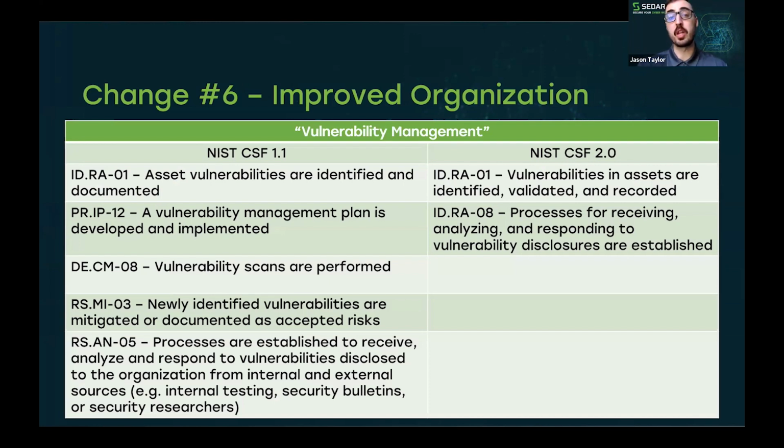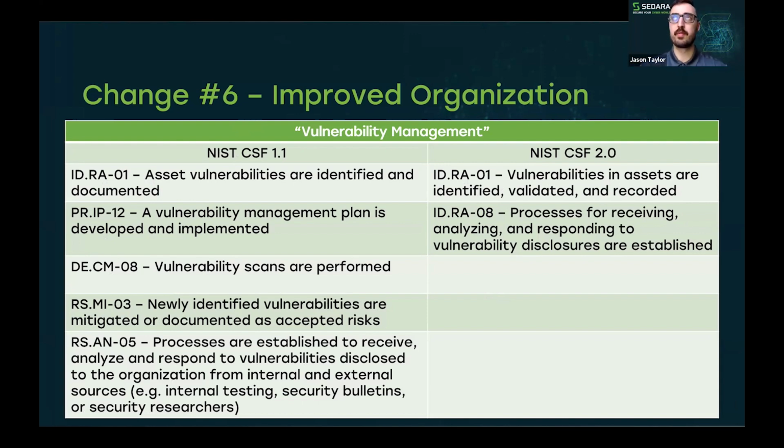They may not be conceptually new, but they're conceptually easier to follow now because NIST has done better organization with how the NIST CSF is laid out. As an example, we work with organizations all the time on the concept of vulnerability management. And we want to know, as an organization, are you regularly scanning all of your assets for vulnerabilities and promptly remediating them based on their criticality?